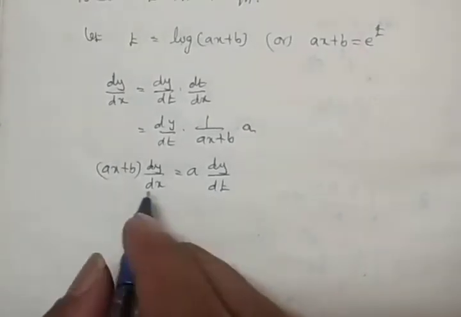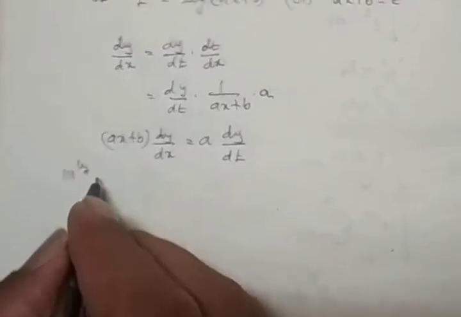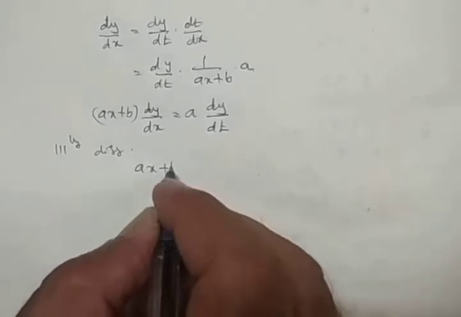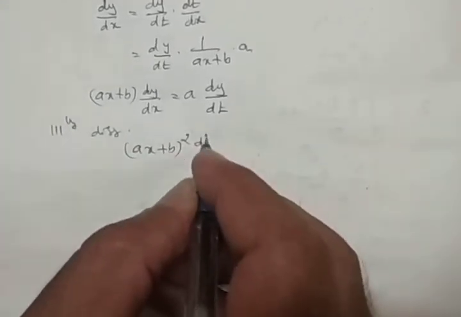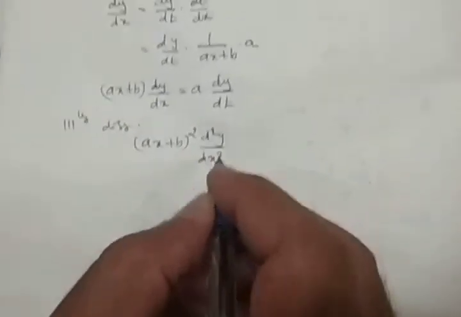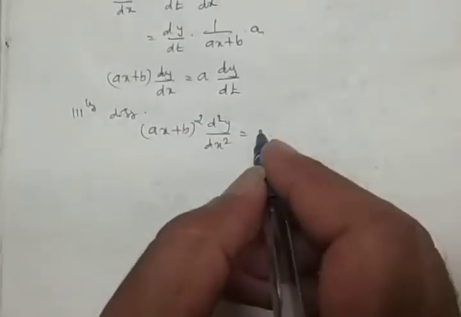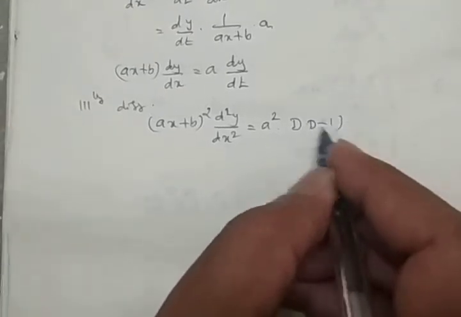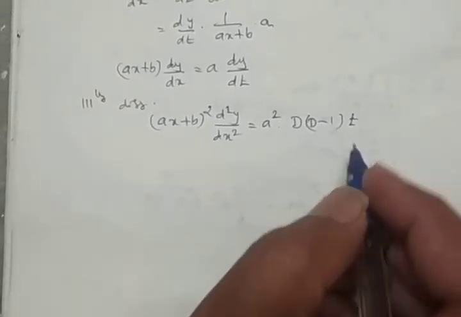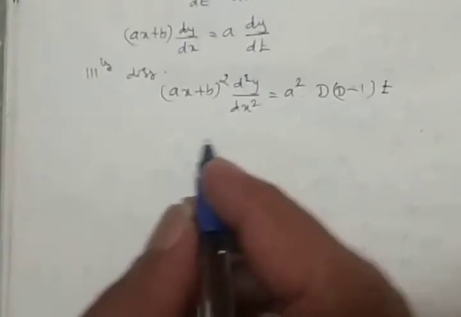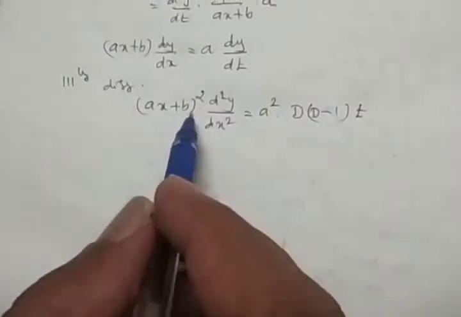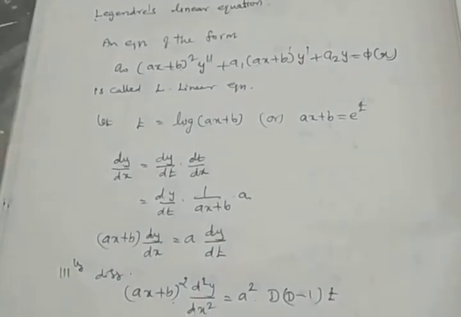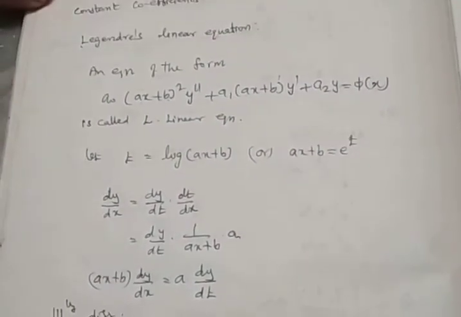Similarly, if we differentiate again, we get (ax + b)² d²y/dx² = a² D(D - 1) in terms of t. Now these things we must substitute in the given form. We get the constant coefficients, then we can solve the problems.